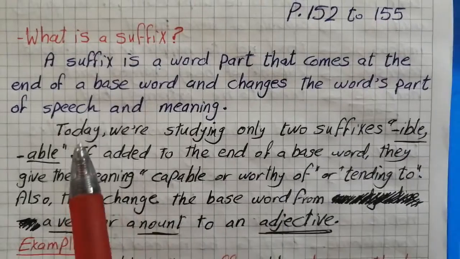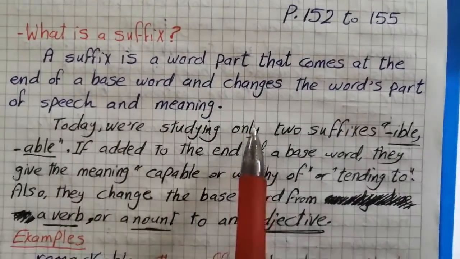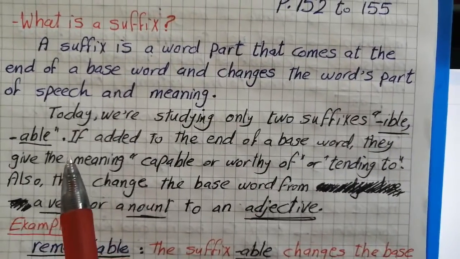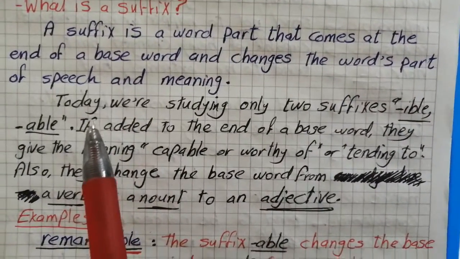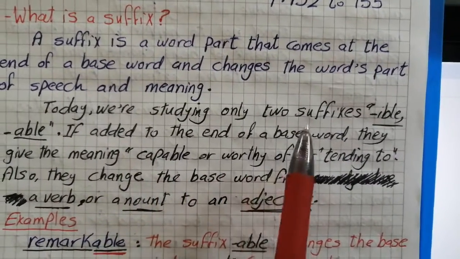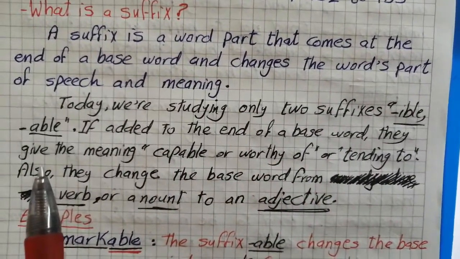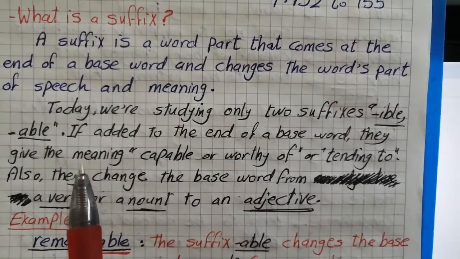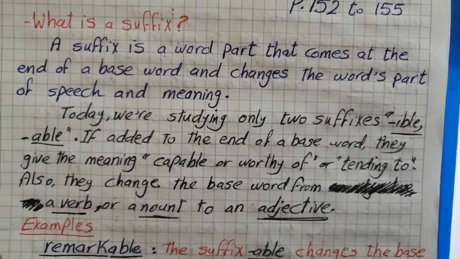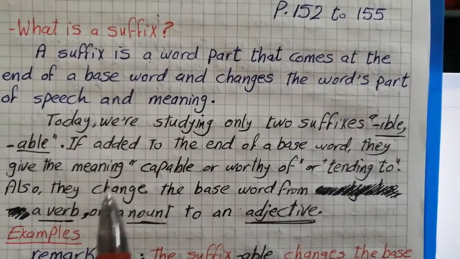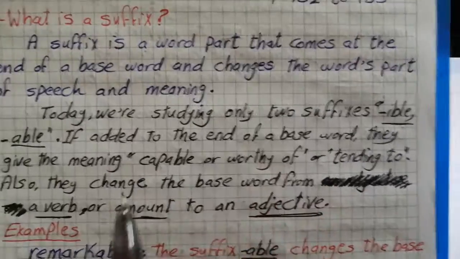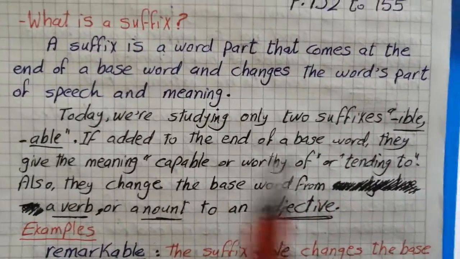And today we're studying only two suffixes, IBLE and ABLE. If these two suffixes are added to the end of a base word, they give the meaning of capable or worthy of doing something or tending to be something.